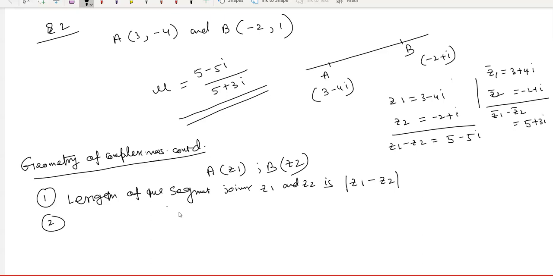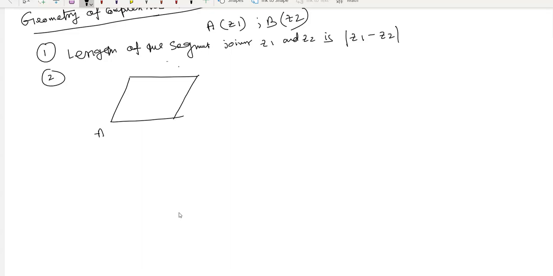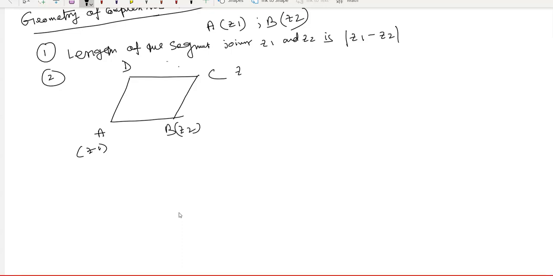Next, number 2. Under what condition, if there are four vertices Z1, Z2, Z3, Z4, will this figure represent a parallelogram? I have taken this as Z1, this is Z2, Z3 and Z4.